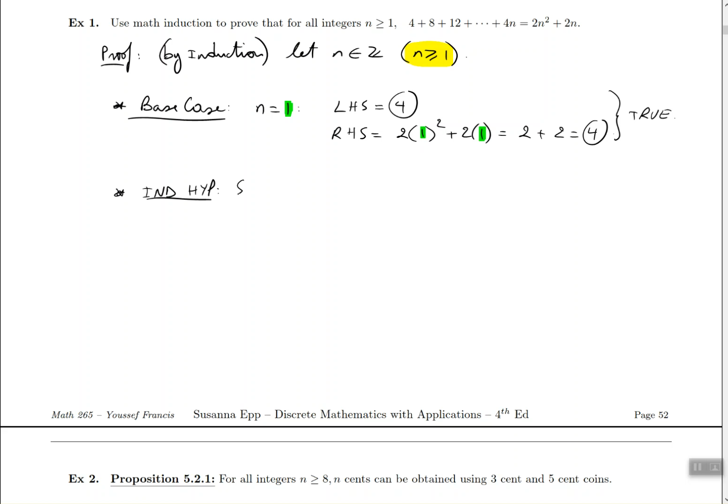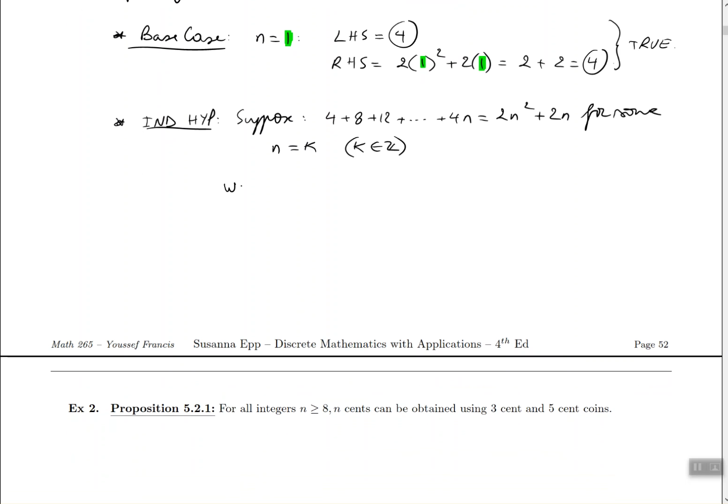We're going to say suppose that the statement 4 plus 8 plus 12 plus so on and so forth is equal to 2n squared plus 2n for some random integer n equal to k. k is basically some random integer. And what we would like to do in this problem is show that the theorem is going to hold for the next n, which is basically k plus 1.